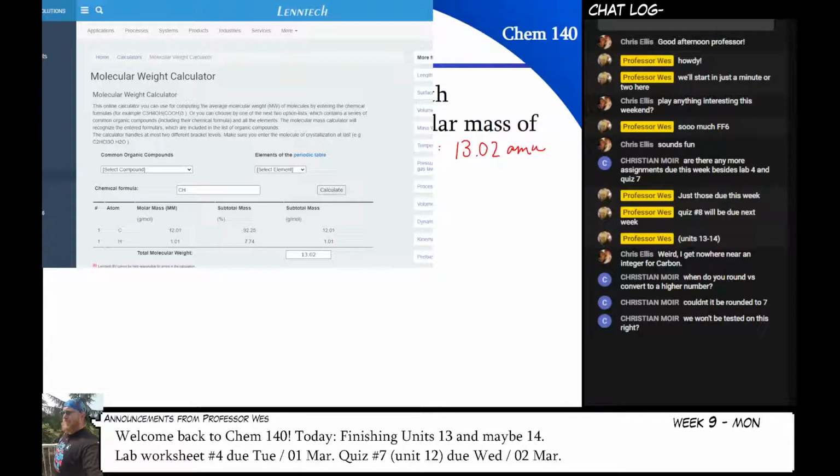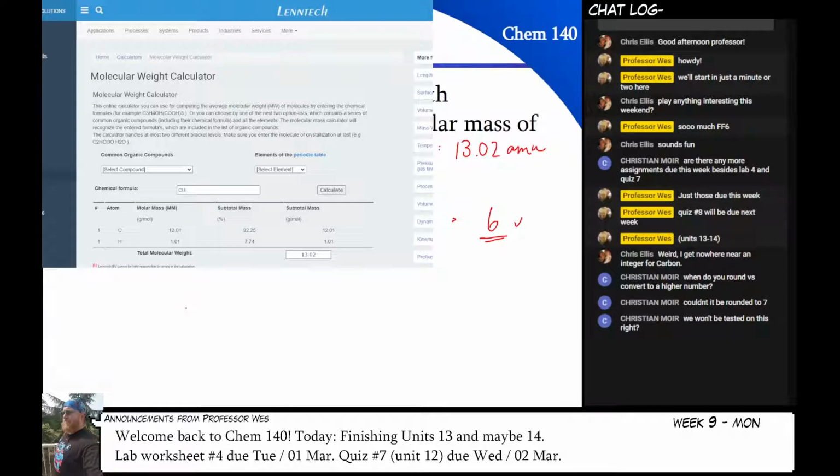So that would be 78.11 AMU divided by 13.02 AMU. And when you punch that in the calculator, you should get an integer. In this case, I got 5.999. That is close enough to 6 to take it.